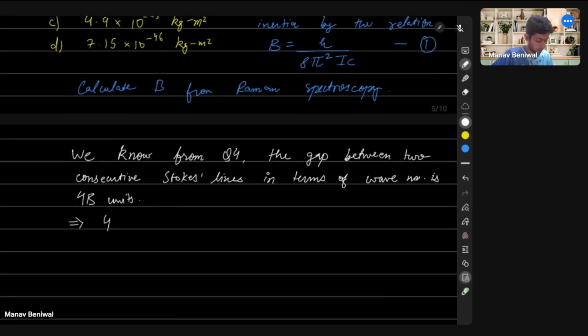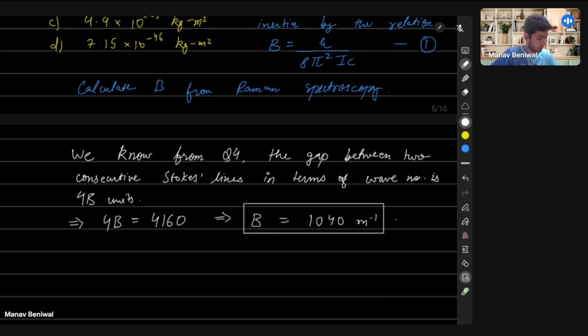This implies 4b is 4160. So this would give us b to be 1040, I guess. Yeah. So this is b. Let's call this equation 2. So we are done with calculating b.